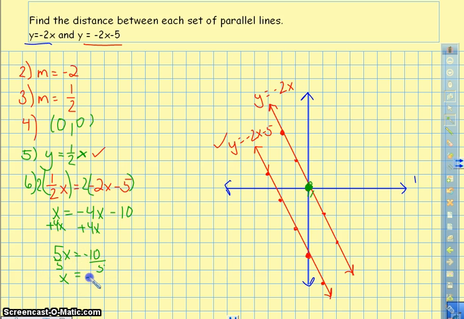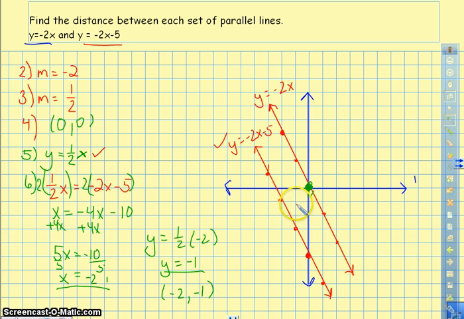So I get x equals negative 2. So there's my first part. I'm going to plug this back into one of my equations. So I have y equals 1/2 times negative 2. Well, 1/2 times negative 2 is just negative 1. And there we go. So this is my point.